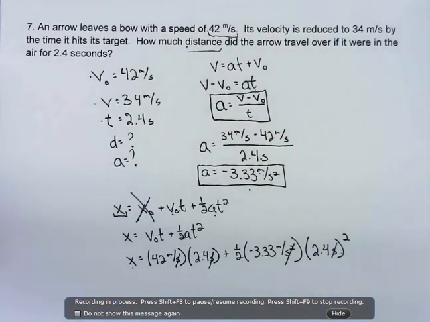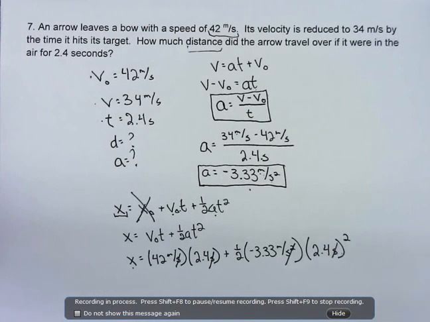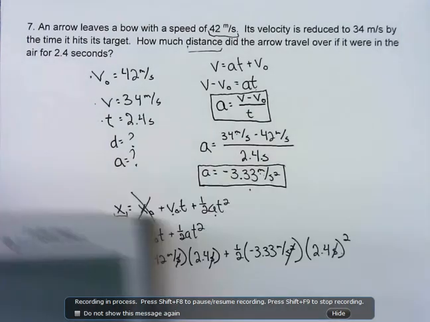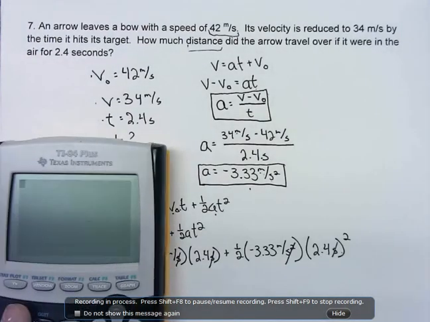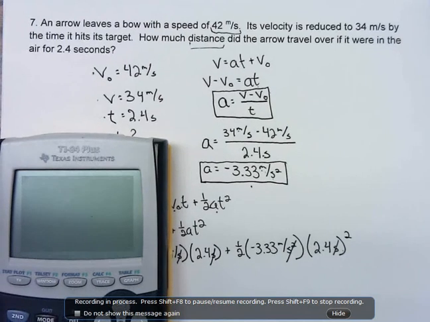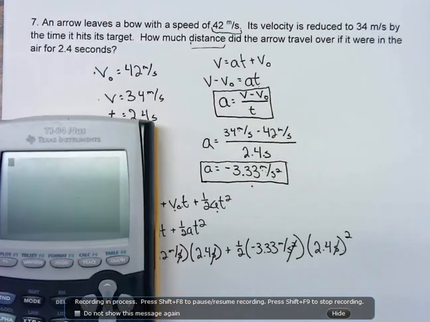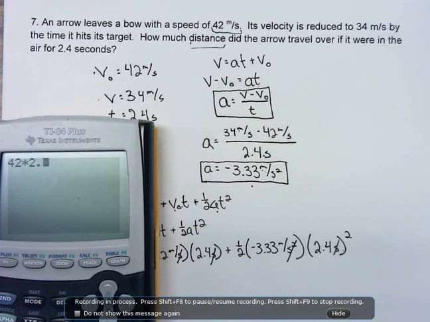So now we're just left with plug and chug. So let's go ahead and do that. We'd have 42 times 2.4 plus 0.5, 1/2, times negative 3.33 times 2.4.